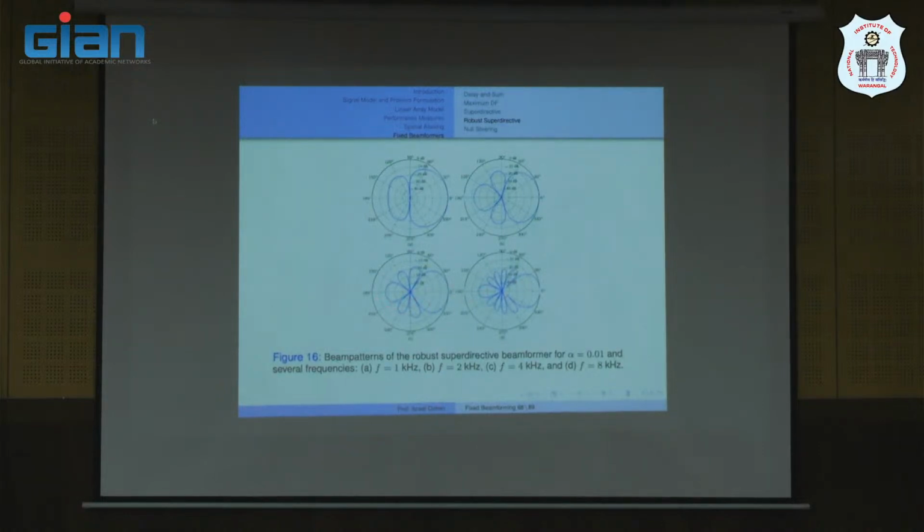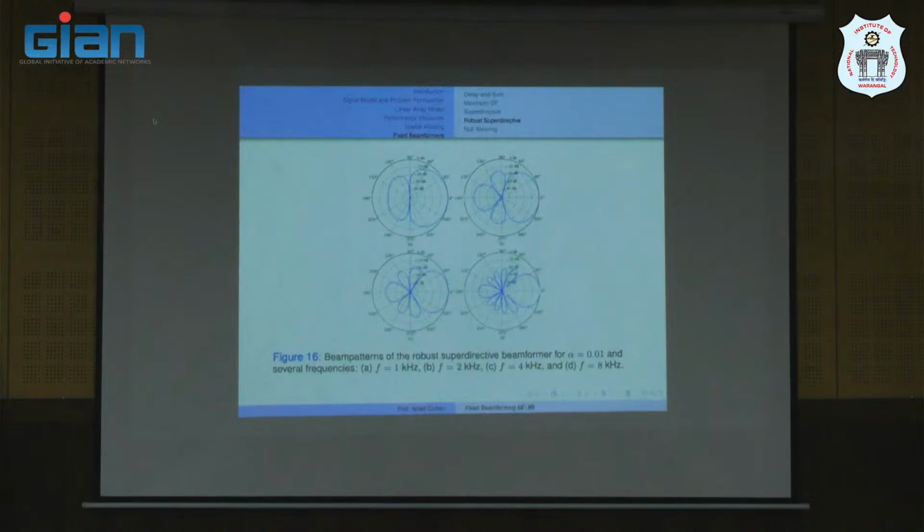Very good. Now, we see that when the frequency increases from here to here, and so on, so this is 8 kilohertz compared to 1 kilohertz, you see the main beam becomes more narrow. Because we didn't put any constraint on the width of the main beam. Generally, if we don't put any constraint, it tries to maximize with the minimal constraints.